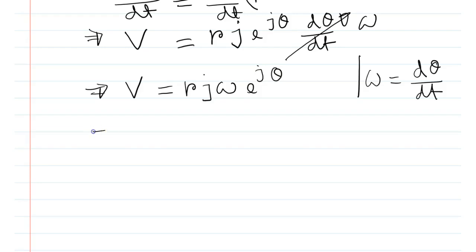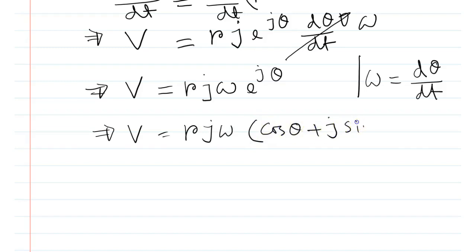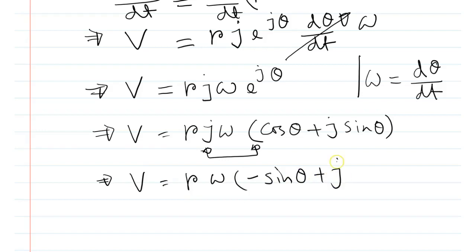Now we want this expression in Cartesian form by introducing the Euler identity. So the form becomes cos theta plus j sin theta. Once we multiply this j with this parenthesis, our equation becomes r omega times (minus sin theta plus j cos theta), because we know that j squared equals -1.